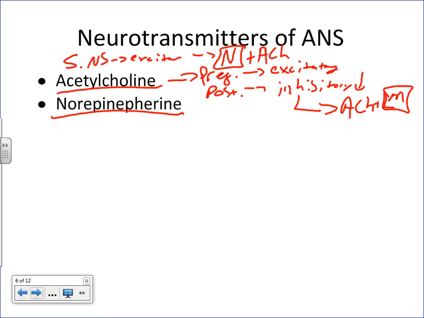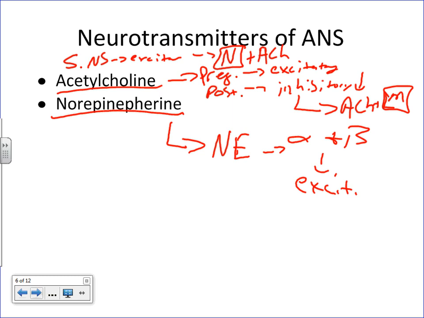And remember norepinephrine is essentially going to be binding to the alpha and the various beta receptors, and again, that is always going to be excitatory.